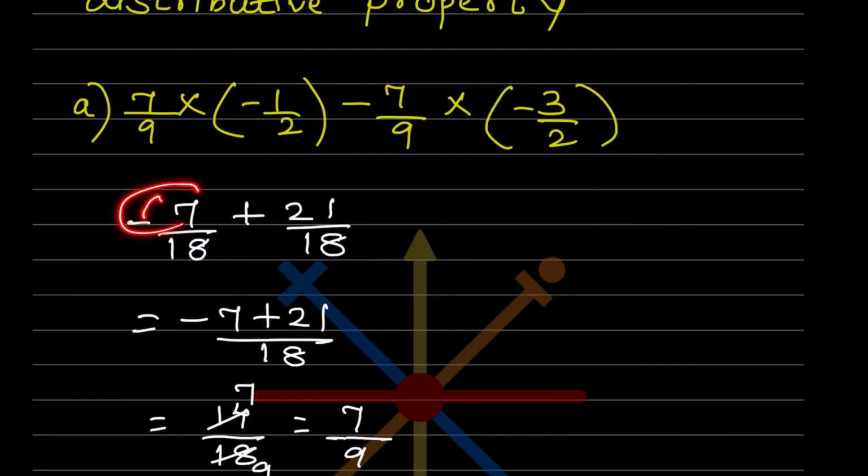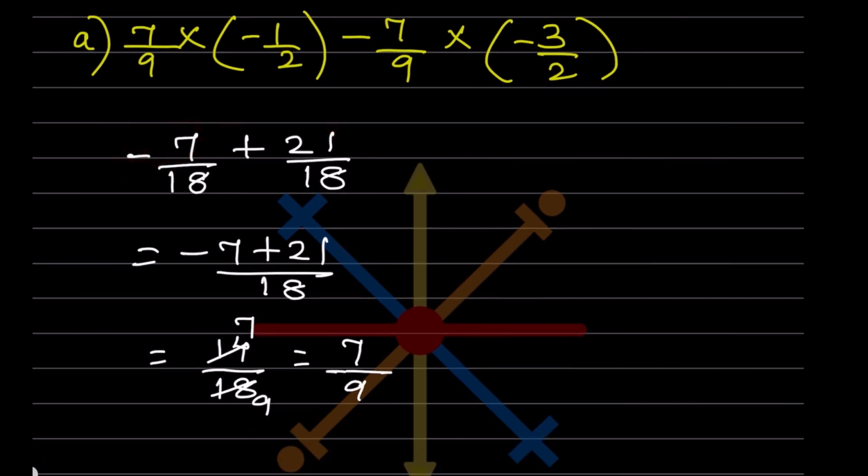So minus 7 plus 21, when you add 21 minus 7 is going to be 14 by 18. So when you simplify this, when you divide this by 2, 2 sevens are 14, 2 nines are 18. So the answer is 7 by 9.